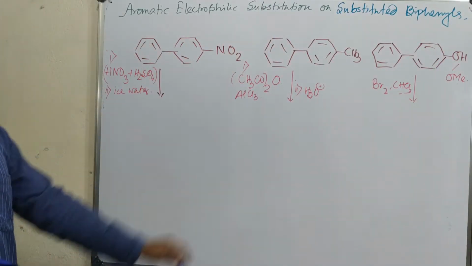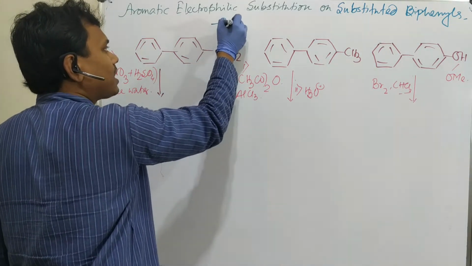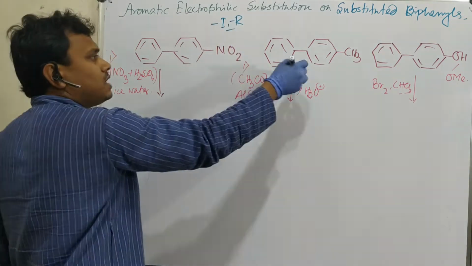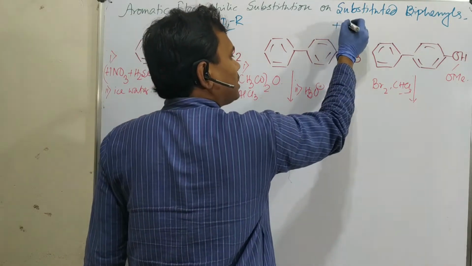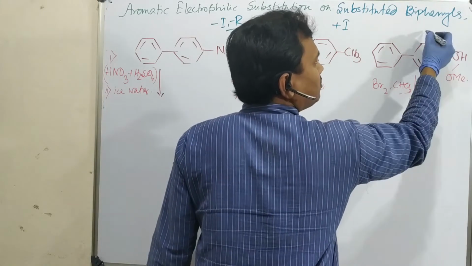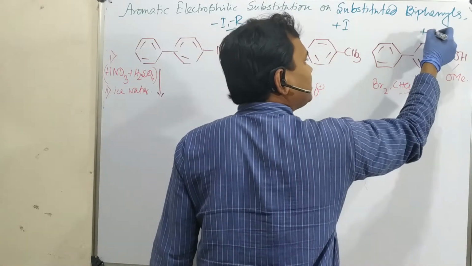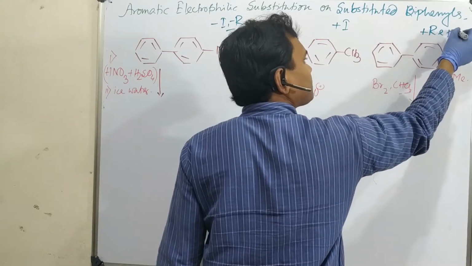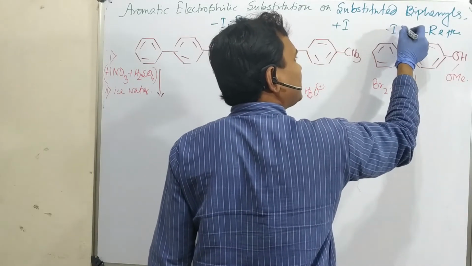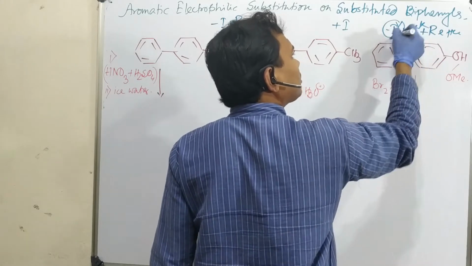So now, one is nitro, having a very strong minus I or minus R, both. This is a methyl. It's a weak effect, this is a plus I effect, and this is an OH or OMe having minus I, which is weak, mainly a plus R effect. Minus I, but that is very weak, so we will not consider this.